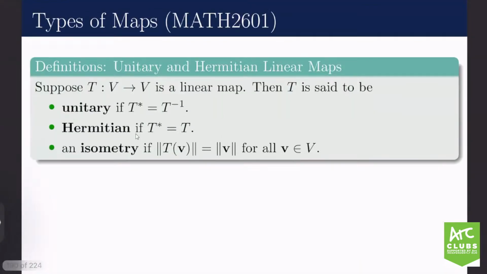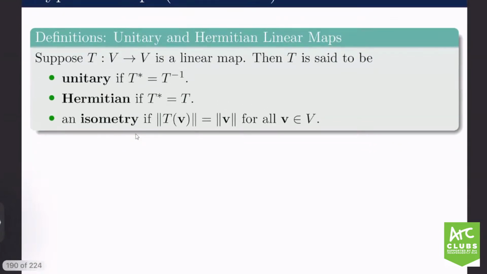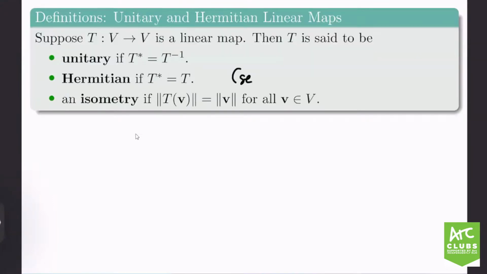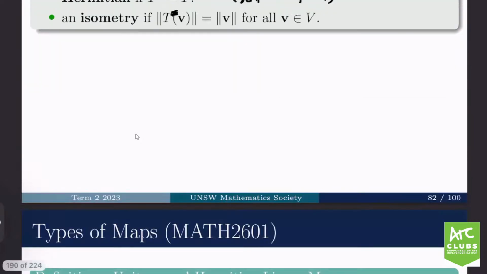So another idea in Math2601 is certain types of linear maps that have special adjoints. The main ones are unitary, which is when the adjoint equals the inverse; Hermitian, also known as self-adjoint, when the adjoint equals itself; and an isometry, when the norm is unchanged under the linear map, okay?